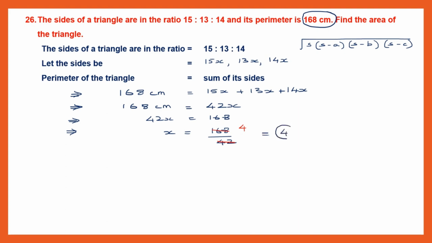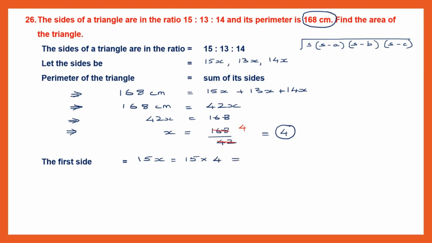So now that we have found x, we can find the sides because we need the measurement of the sides to find the semi-perimeter. So now let's begin by saying the first side here is 15x. And that is 15 into x, and x we just found out to be 4.